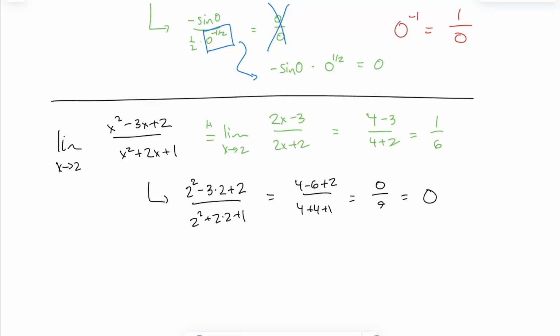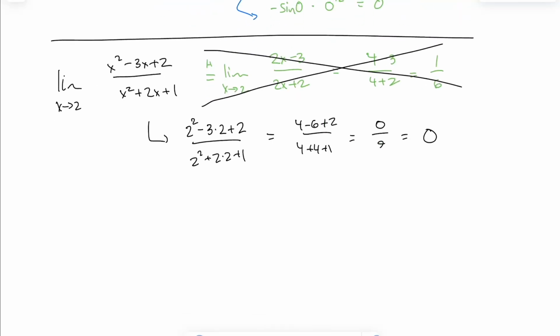The true answer is 0. So the moral of the story here is you better make sure that you really do get 0 over 0 to begin with. Because if you don't get 0 over 0, not only are you not supposed to do L'Hopital's rule in that case, but if you do, it's going to give you the wrong answer. So don't do any of this stuff unless you are really sure that plugging in gives you 0 over 0.